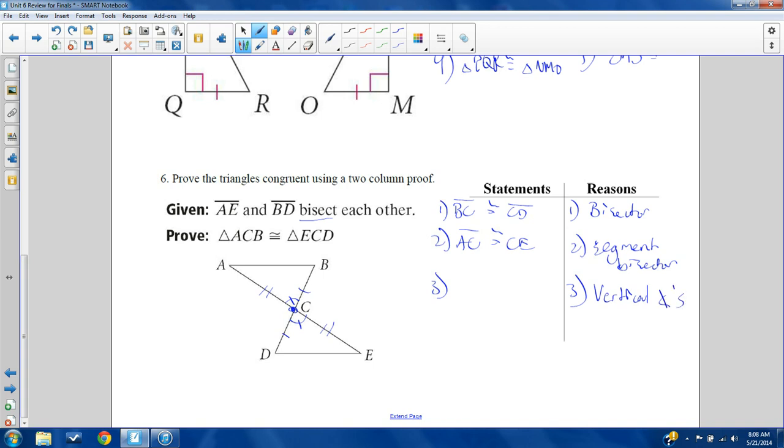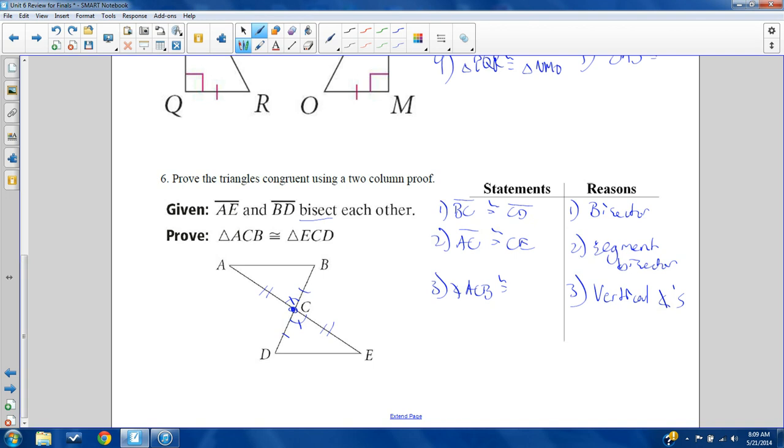Okay, now this part's going to be tough. I don't want you to say angle C is congruent to itself. These are two different angles. I want you to be unique to the triangles. In this case, this is where you use a three-letter angle assignment. Angle ACB. That means A and B are the endpoints, C is your vertex, is congruent to. Now, it doesn't matter which way I write it. I could write DCE or ECD.